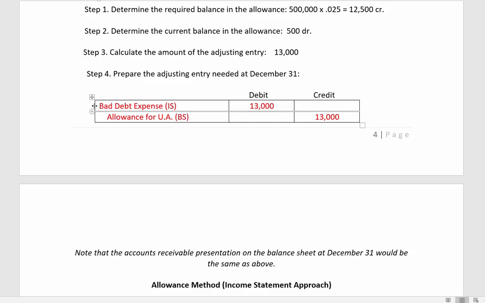Bad debt expense, remember, is an operating expense on your income statement. Allowance for uncollectible accounts is a contra asset account on your balance sheet. So the balance sheet method that we just looked at says how much do we want in our allowance, and that's what drives this journal entry.